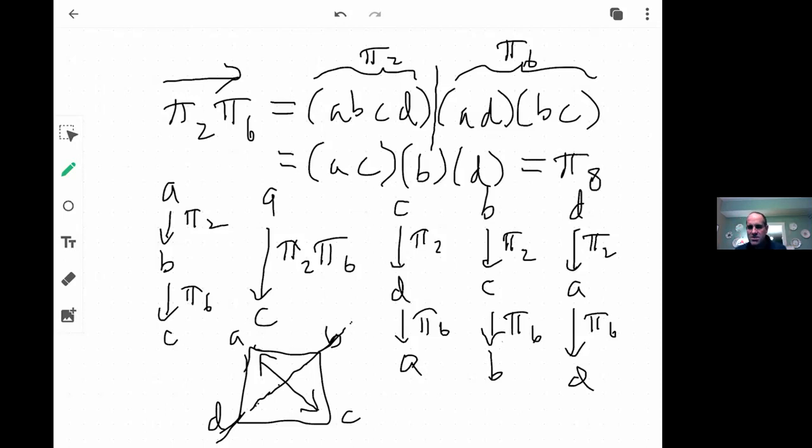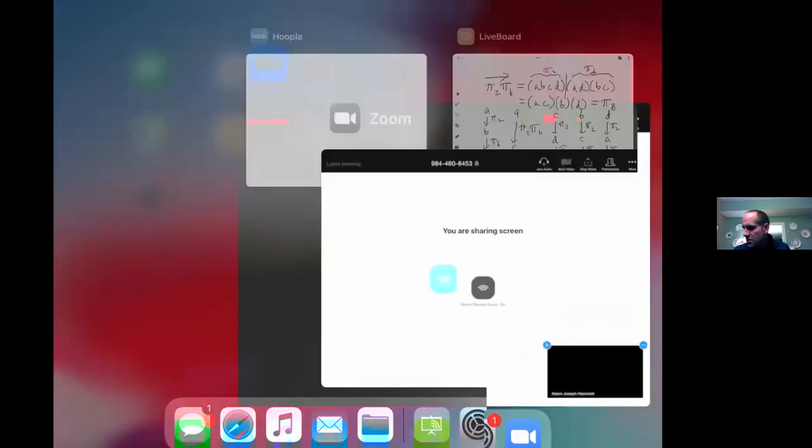Okay, pi 8 is what that was. Again, you apply these things in a left to right fashion. And incidentally, that is not going to be very good notation, as I'll show you. I have to do some kind of weird things here in a minute. But that's okay, we can handle it.